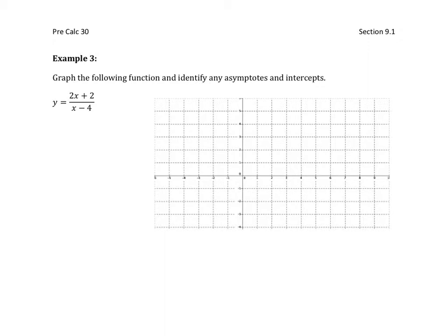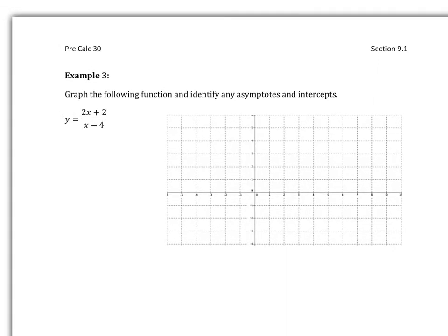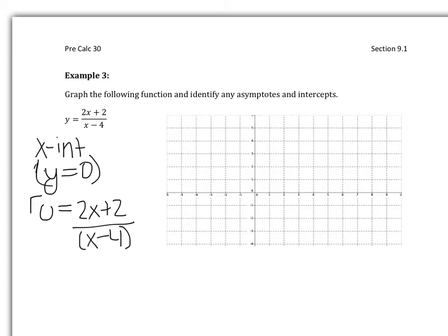So if we find the x-intercept, we just need to remember that our y is 0. So if we plug in 0 for y, the whole thing by x minus 4 is going to cross off, and then anything times 0 is just going to be 0.